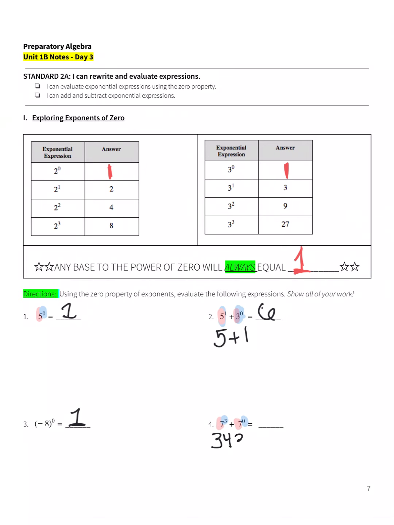And we know any number to the power of 0, 7 to the power of 0, is always what? 1. Let's hope we're getting the hang of that now. So now we have 343 plus 1, and that equals 344. Make sure you have this information in your notes and we'll move on.